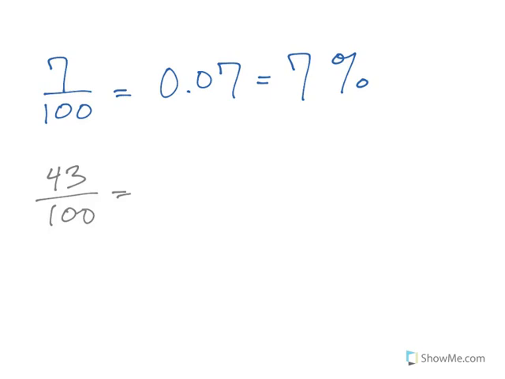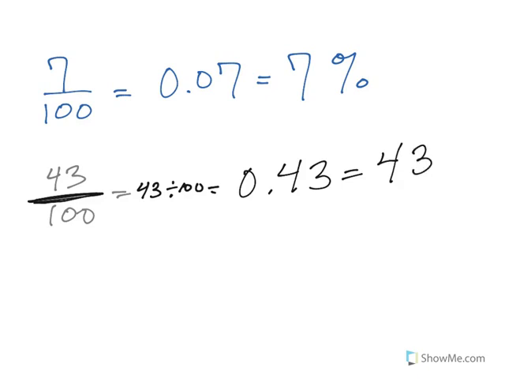Well, remember, a fraction bar is the same as a division sign. This is the same as 43 divided by 100, which turns out to be 0.43. And as we know, it's 43% because anything over 100, that's the percent.